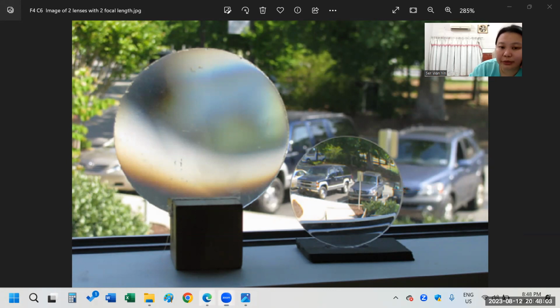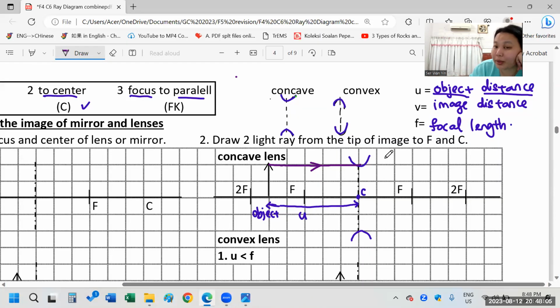Then when it reaches the lens, where will it go? It will go through the focus. Since this is K, then F. But question, which F should I use? The front one, the before one, or the back one, the after?